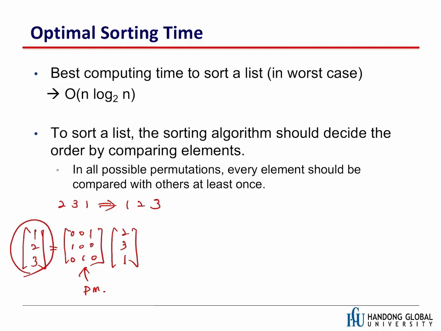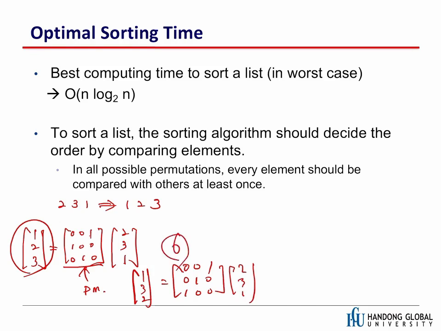So something like this. Instead of this matrix, what about 0, 0, 1 and 0, 1, 0 and 1, 0, 0? If we use this one, then 2, 3, 1 will be 1, 3, 2. Okay, so we can come up with so many different permutations.